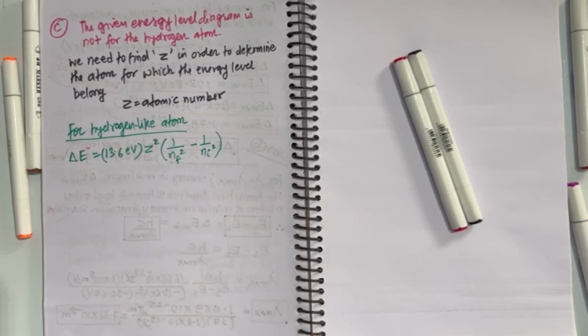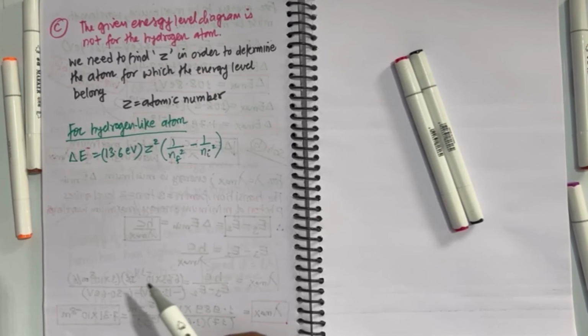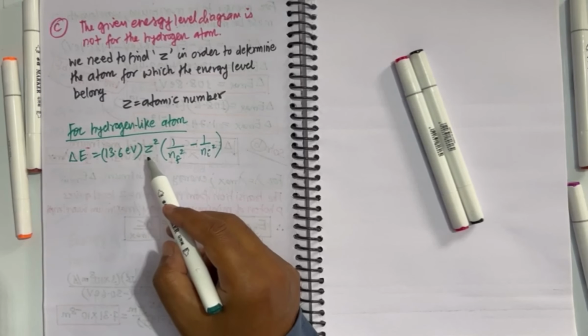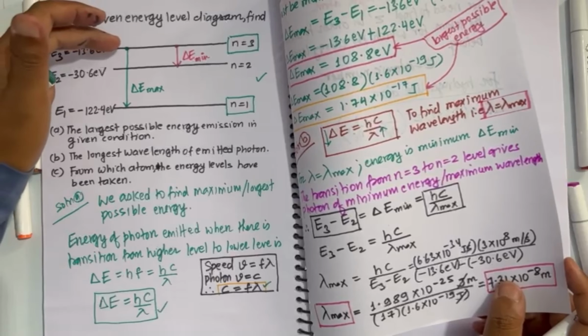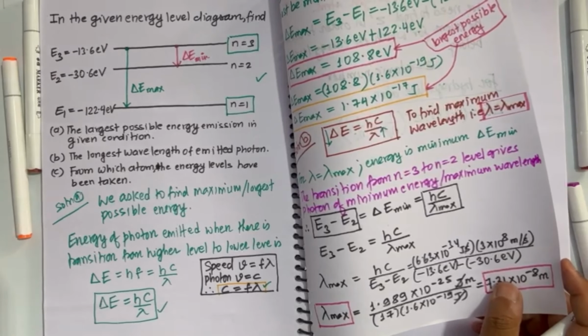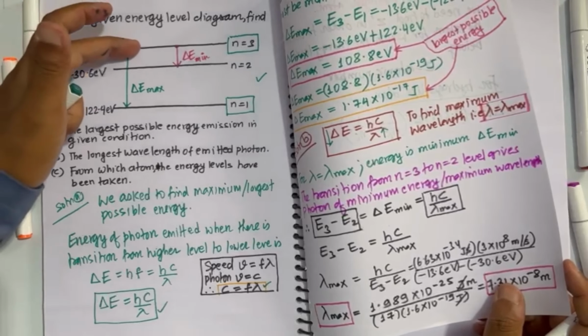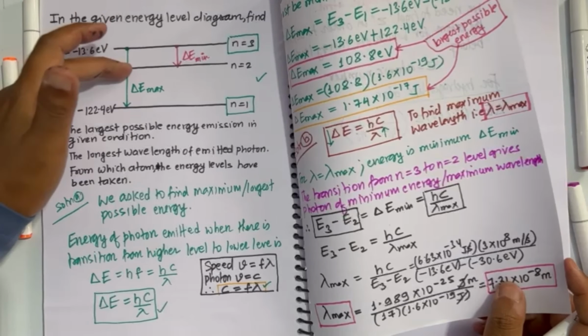In order to find Z, we can take any transition in this given energy level diagram. So let us take the transition from n equals 3 to n equals 2.